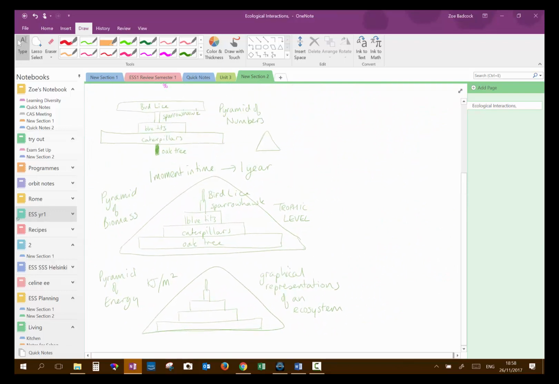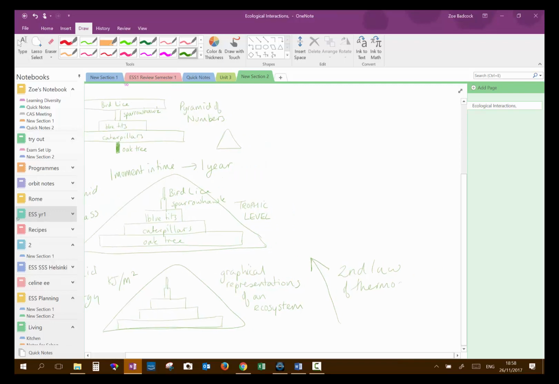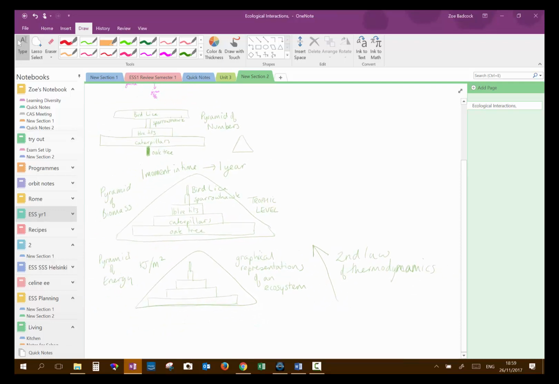Now, remember the reason why the energy at each trophic level is less is that second law of thermodynamics. And that's really important. Thermodynamics. That's really important for us to remember that.